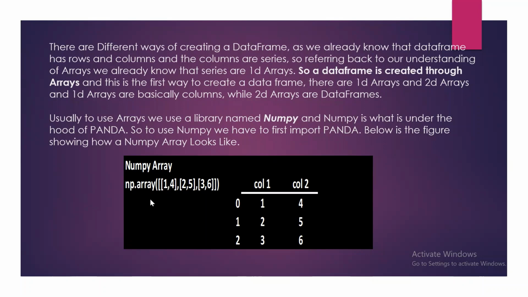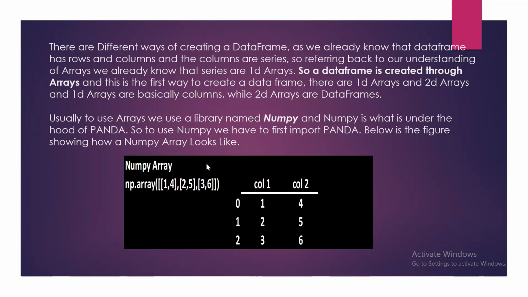And we can say that to create a NumPy array, a two-dimensional array, we have to type the syntax somewhat like this, which is NP, which stands for NumPy. And to create an array, we have to use a dot and type array.